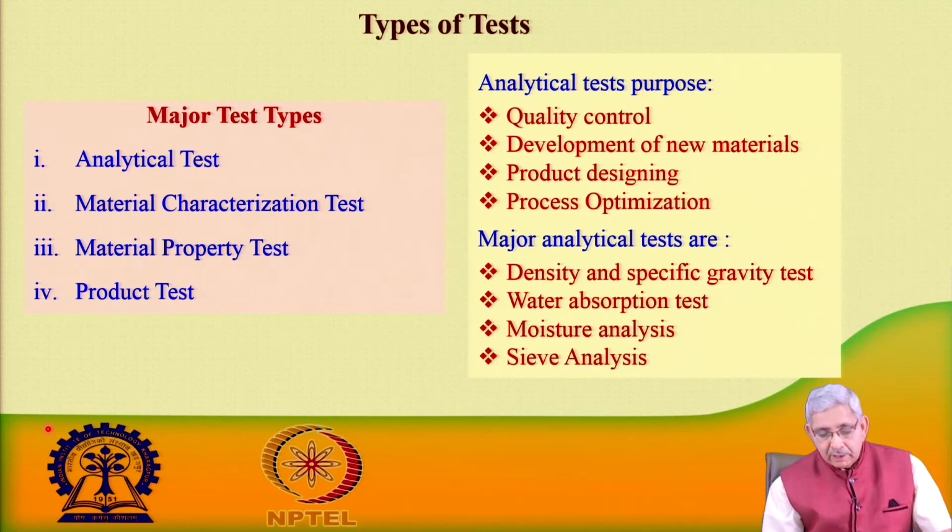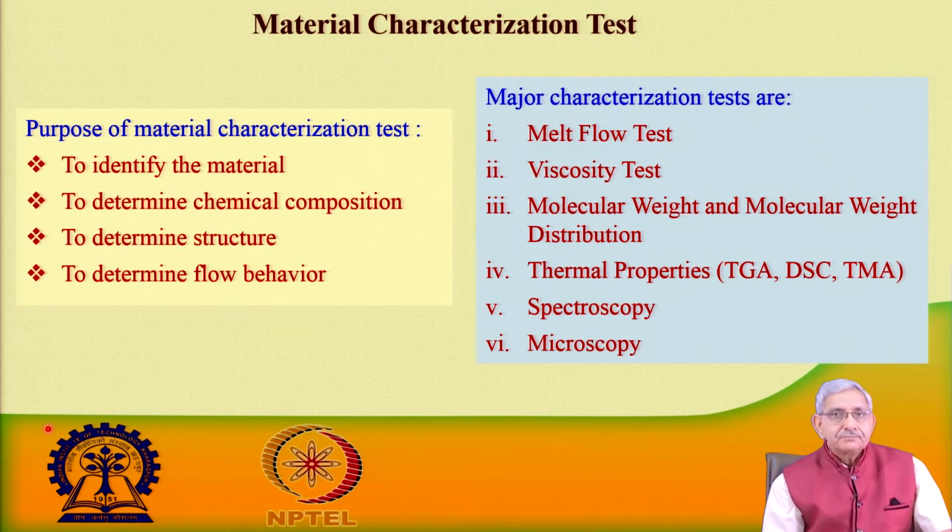When we are doing analytical tests, we need to test for density and specific gravity, depending on the particular type of product. It could be moisture analysis, water absorption, or carbon analysis.